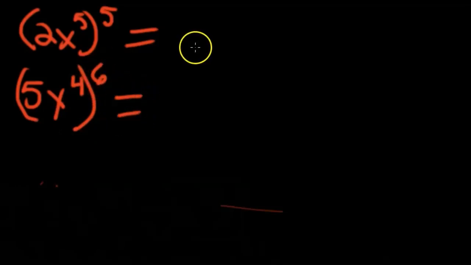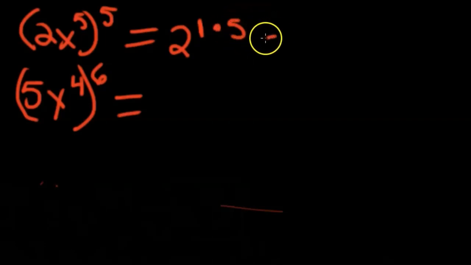Well, you still need to multiply the exponents on the inside of the parentheses with the one on the outside. Now, the 2 may appear as if it doesn't have an exponent, but in fact it does. It's an invisible 1. So what you need to do is multiply the 1 times the 5, which gives you 2 to the 5th.